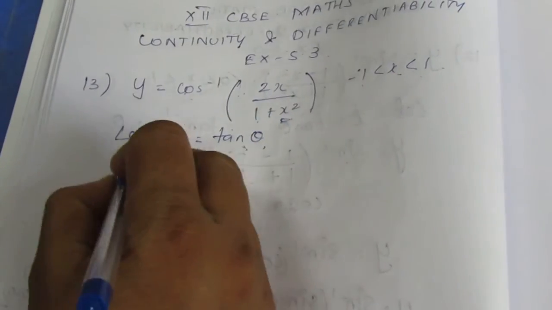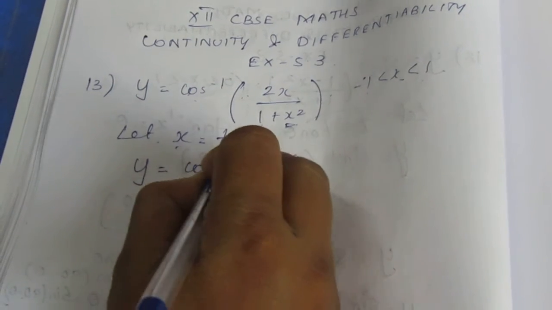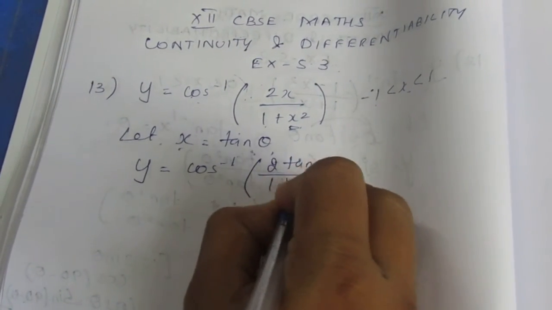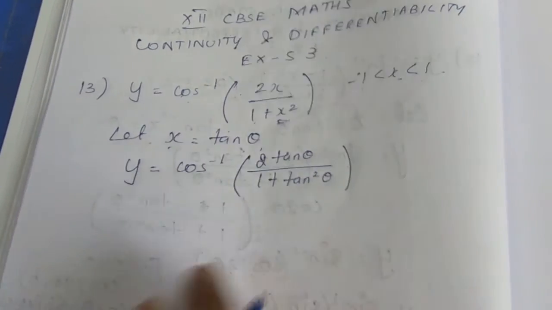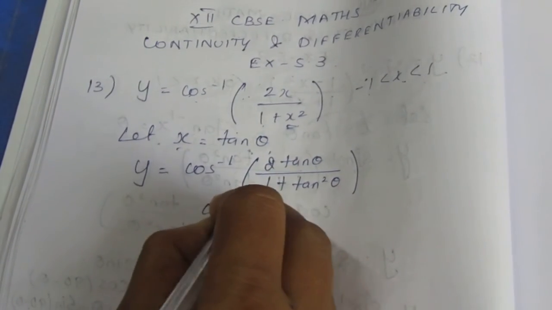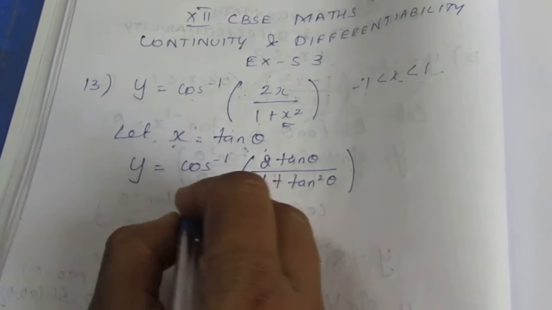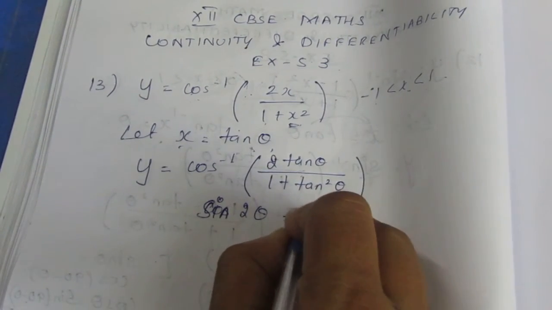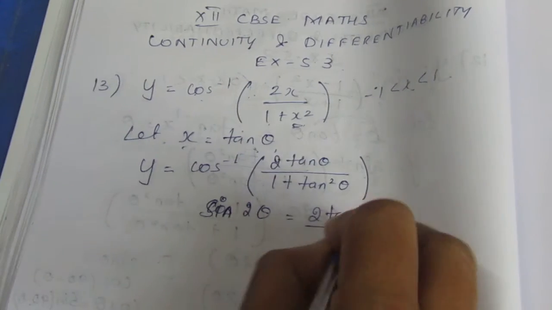As x is equal to tan theta, just substitute in the place of x: 2 tan theta by 1 plus tan square theta. Now this is the formula for cos 2 theta. Sorry, sin 2 theta. Sin 2 theta is equal to 2 tan theta by 1 plus tan square theta.